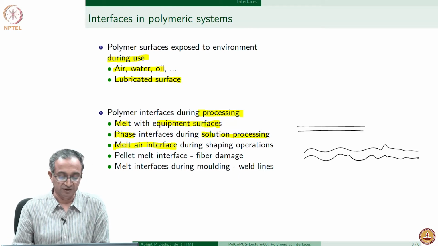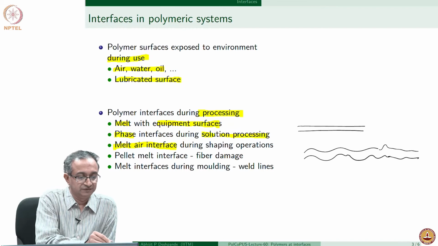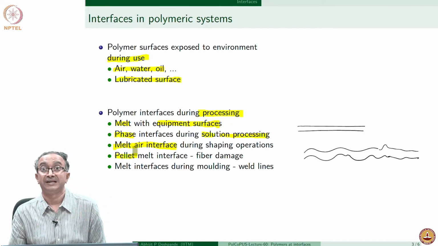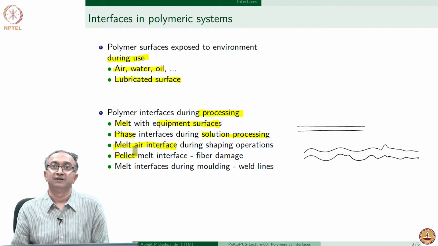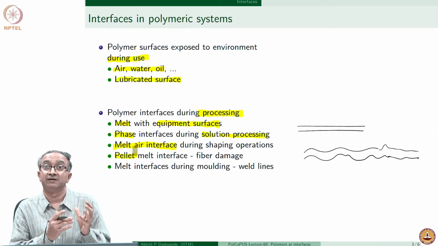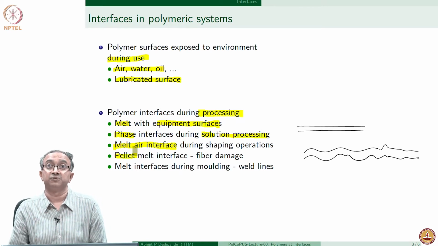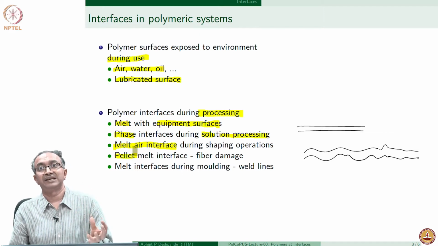And so, the interface has to remain stable in case of melt air interface in a variety of shaping and polymer processing operations. Similarly, you may have a situation where there is a solid pellet of a polymer which is molten through the polymer processing operations, which we will discuss in lectures 69, 70, and 71, where we will look at some of these polymer processing operations, and we will see that we start with polymer pellets or granules.